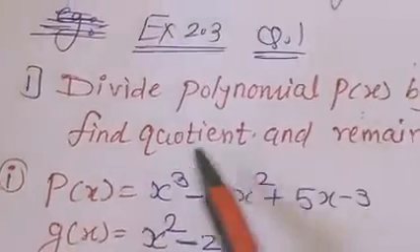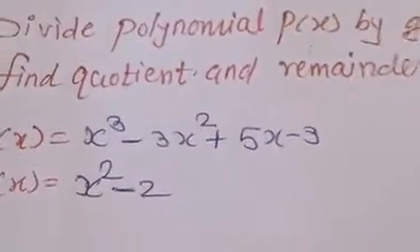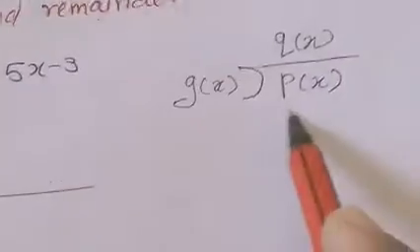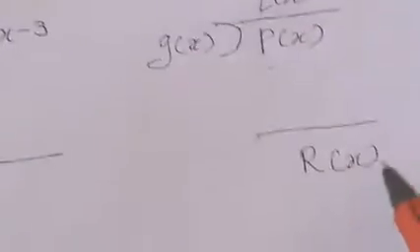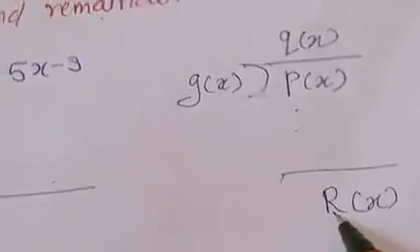Then what you have to find? Find the quotient. Quotient we denote by q(x). And the remainder: after solving this, we get some steps, and at the end we get one polynomial or zero, whatever. Zero is also a constant polynomial. Then that remainder is denoted by r.